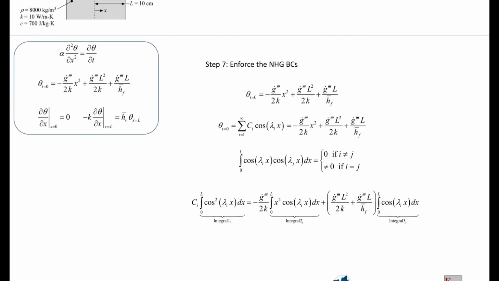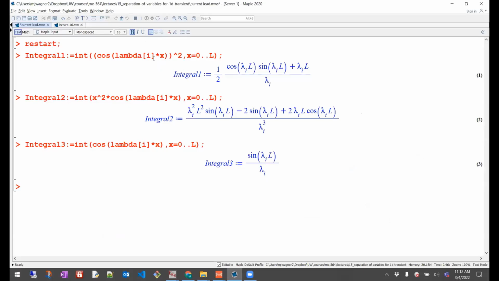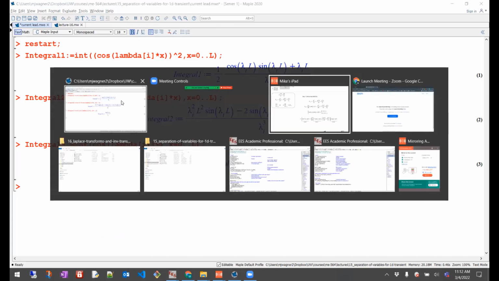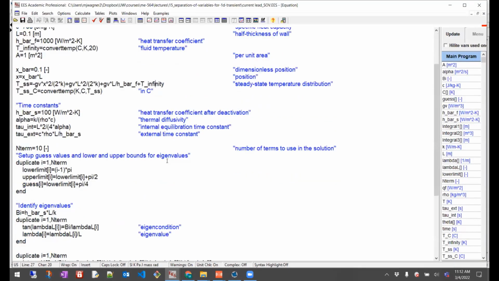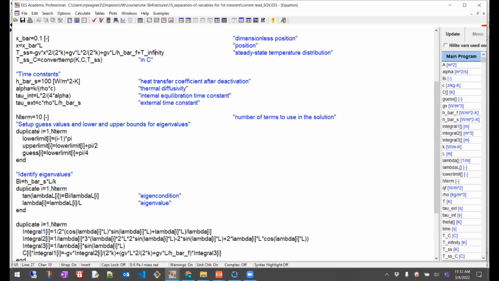So you can then go through and do that in Maple if you're so inclined. So that would look like this. So we would have our three integrals that we would bring over, do those in Maple, copy the results, take it back to EES, and we can look at the solution in EES. Okay, so this is this problem implemented in EES. Again, it's the same thing you've seen before.